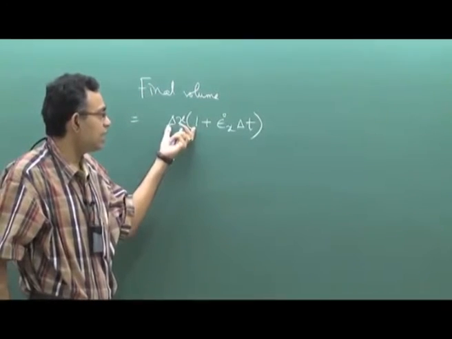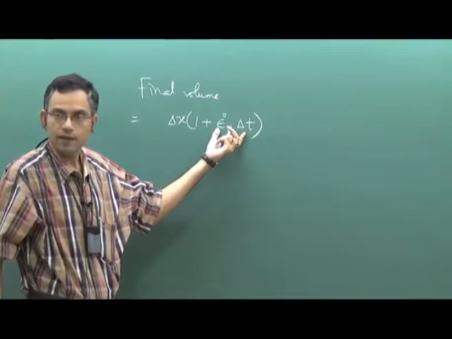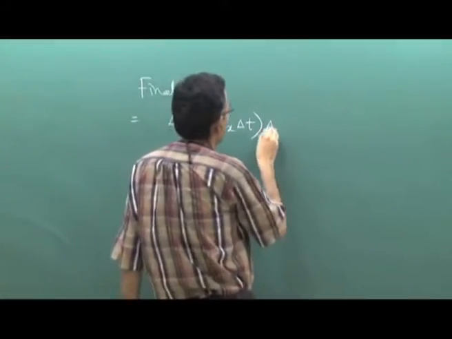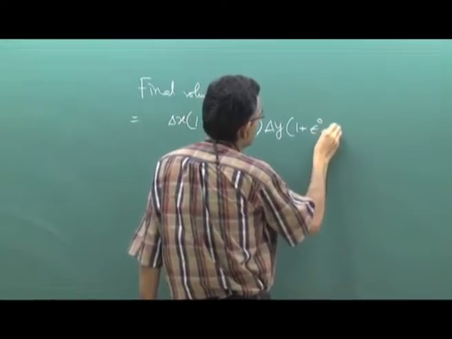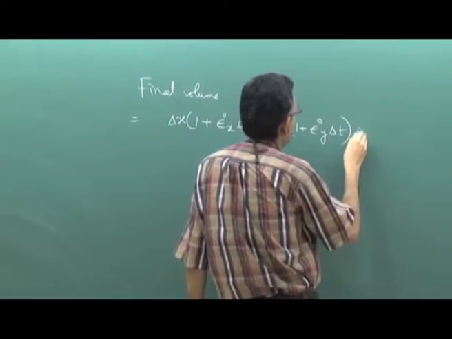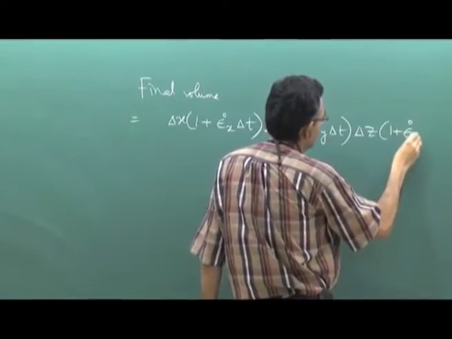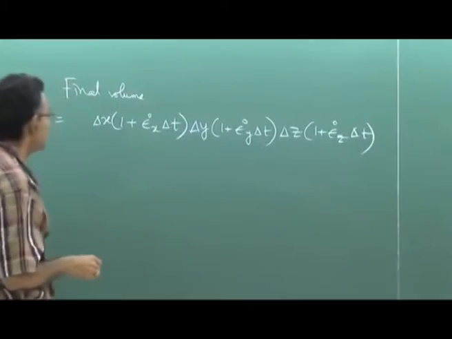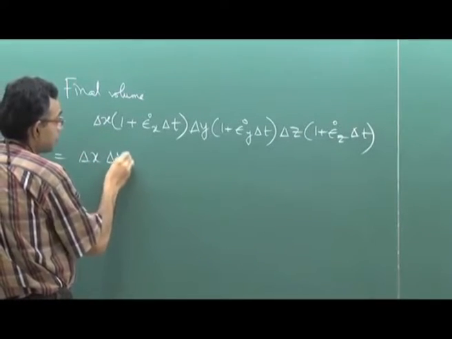This is the original delta x plus the change in delta x, right. So, this is the new delta x. Similarly, you have a new delta y and you have a new delta z. So, you can simplify this a little bit.